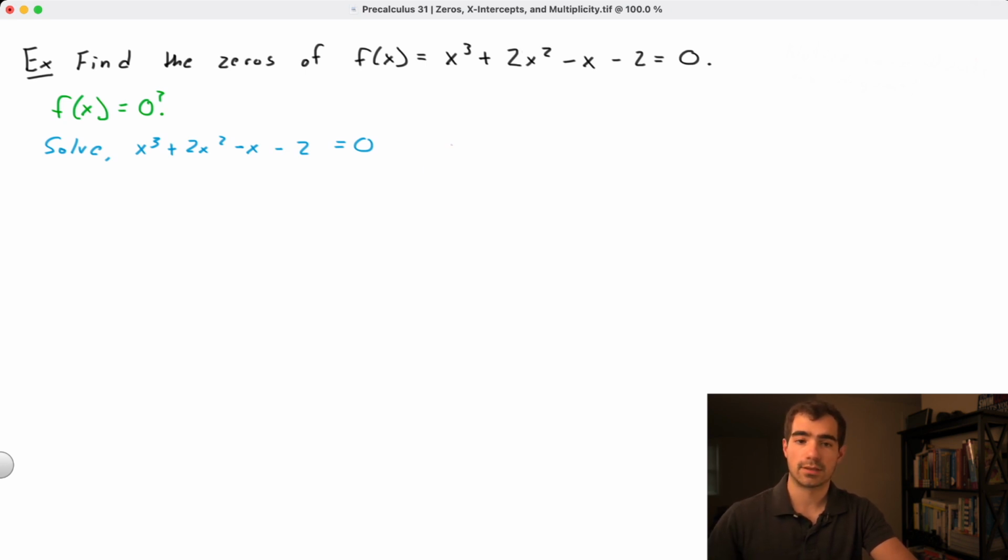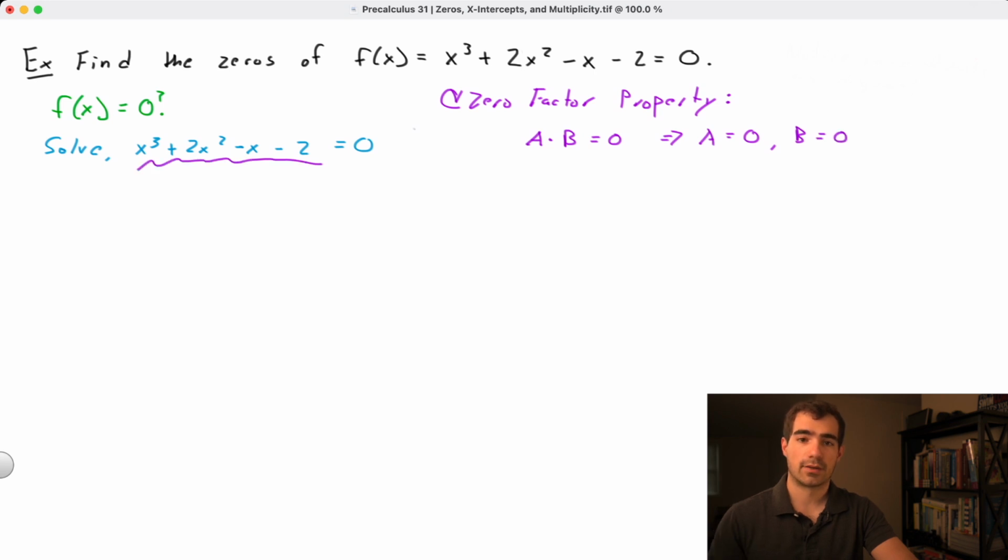To solve some polynomial functions, first we can utilize the zero factor property, which tells us that if we can write our expression in a factored form, in other words, a product of different factors like arbitrary a and b here, and all of that is equal to 0, then we must have either a equal to 0 or b equal to 0. In other words, if we can factor this expression, it's going to allow us to solve for what values of x make the whole expression equal to 0.